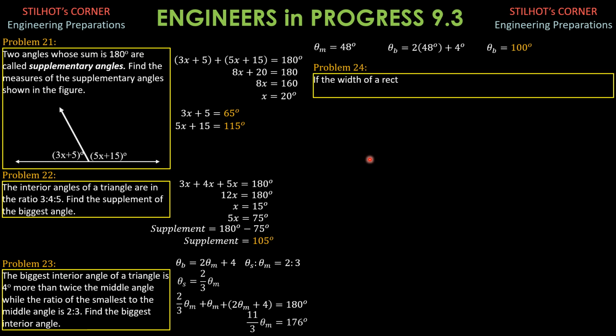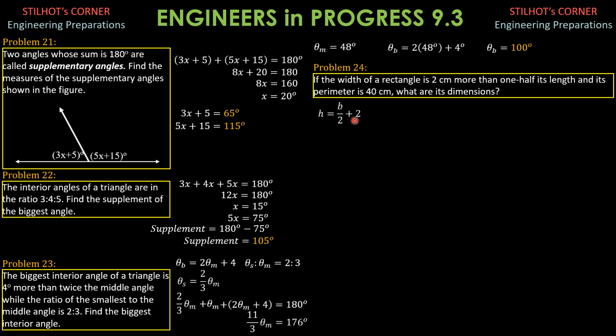Problem 24. If the width of a rectangle is 2 centimeters more than 1/2 its length and its perimeter is 40 cm, what are its dimensions? The width of a rectangle is 2 cm more than 1/2 its length. So width is H and it is 1/2 of B plus 2.